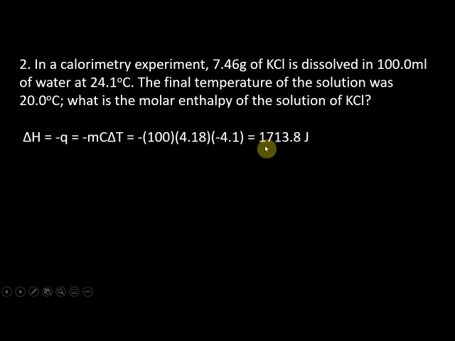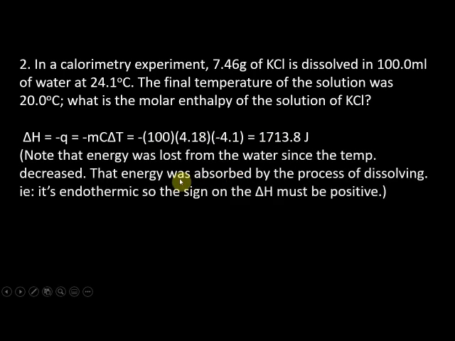And so that's going to give us the 1.71 kilojoules. And the reason I put the negative sign in the front here is that, right, because the water is losing energy, the system is gaining energy. So it's going to be the opposite value.